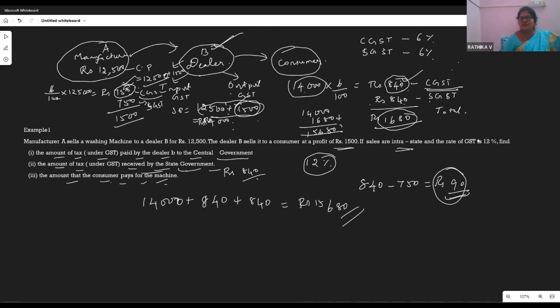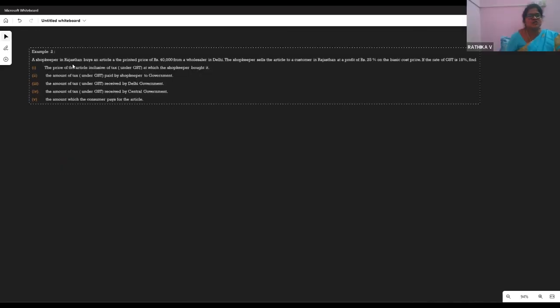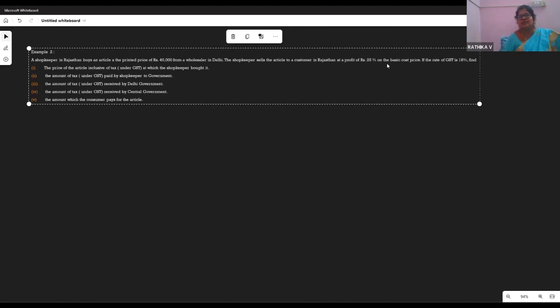So can we move on to the next question? The question is: a shopkeeper in Rajasthan buys an article at a printed price of rupees 40,000 from a wholesaler in Delhi. The shopkeeper sells the article to a consumer in Rajasthan at a profit of 25% on the basic cost price.